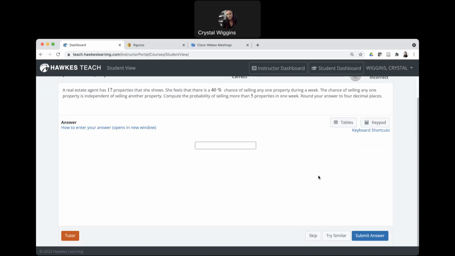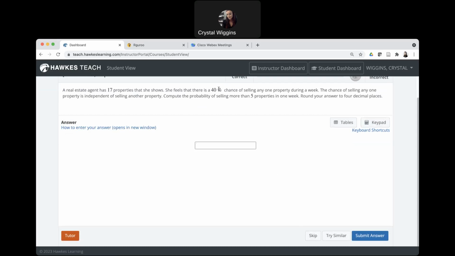Okay, so some of the problems, this again matches what they're looking for, which is selling properties, matches the probability that's given, the chance of selling properties. But if this said 40% chance of selling properties, as it does, and then they said, what's the probability that she will not sell more than 5 properties? You see how those are opposite.